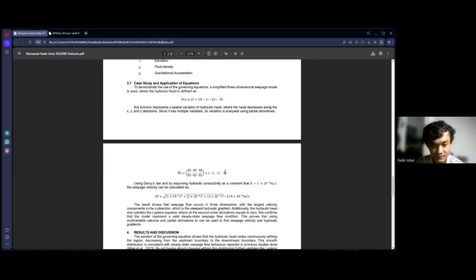This confirms that the H model here is a valid steady-state seepage flow condition. This proves that by using multivariable calculus and partial derivatives, we can find the seepage velocity and its hydraulic gradients.